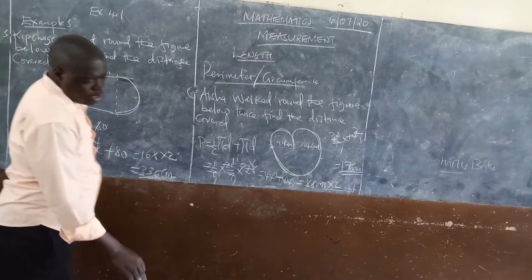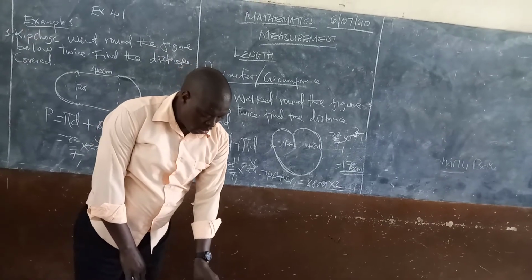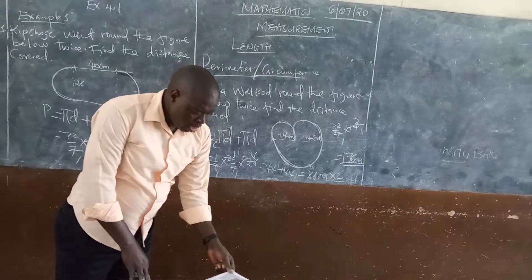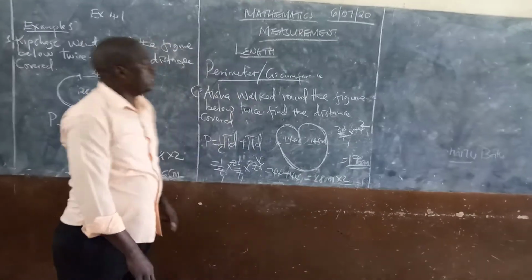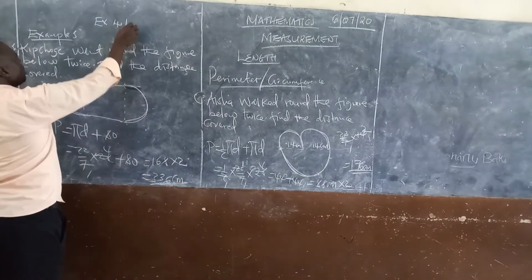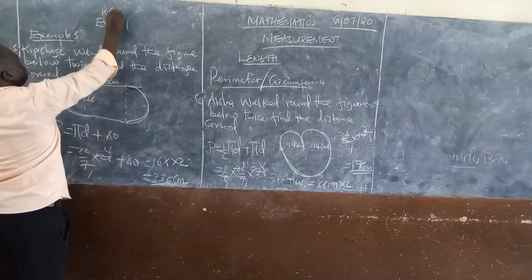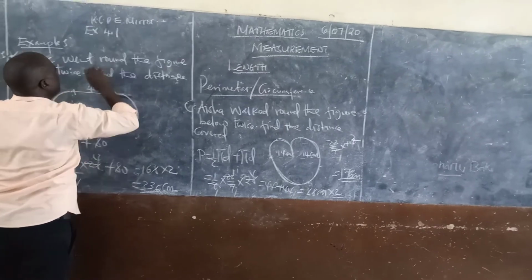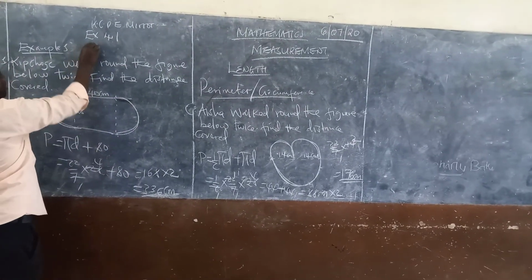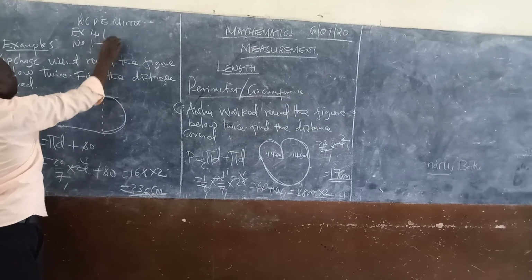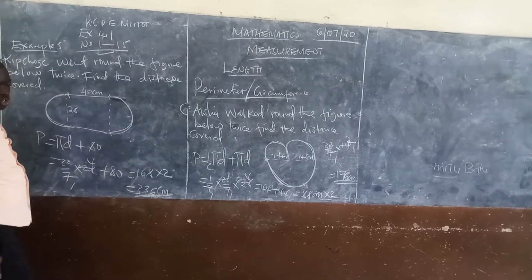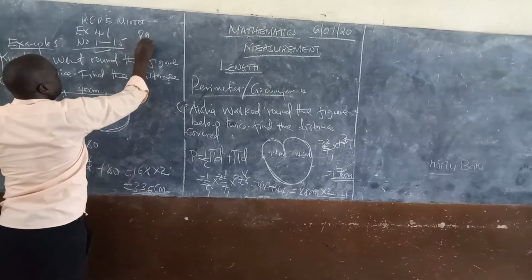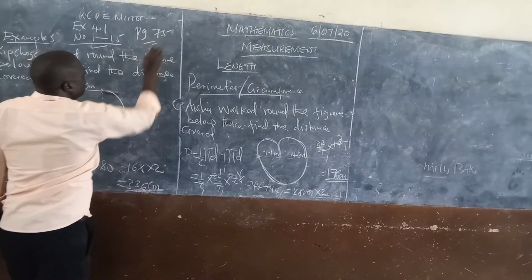The book we are using is KCPE Mirror. Exercise 4.1, numbers 1 up to 15. The page is page 75.